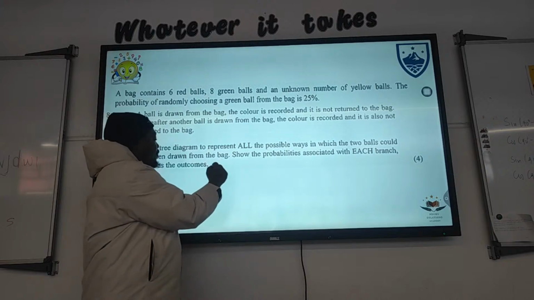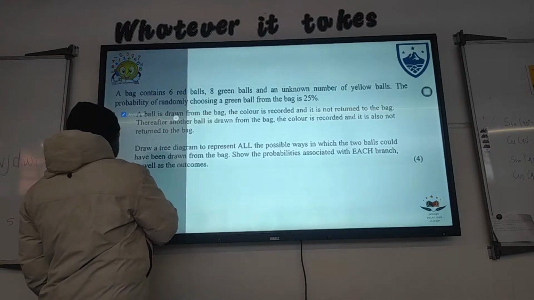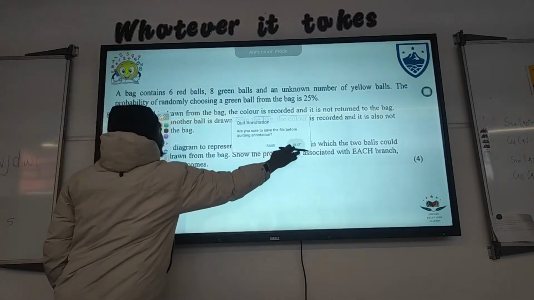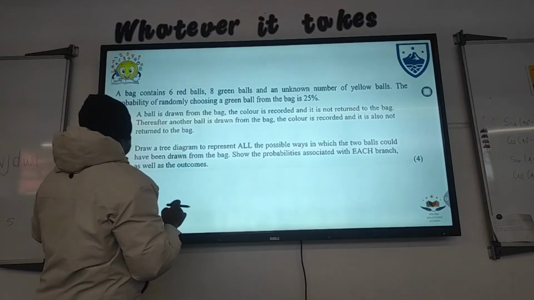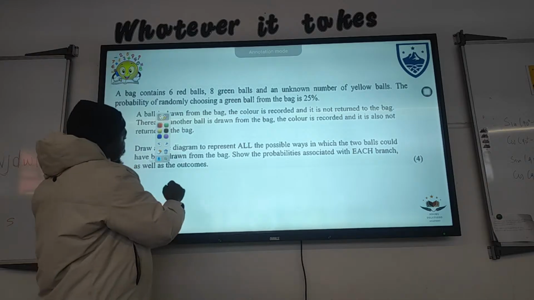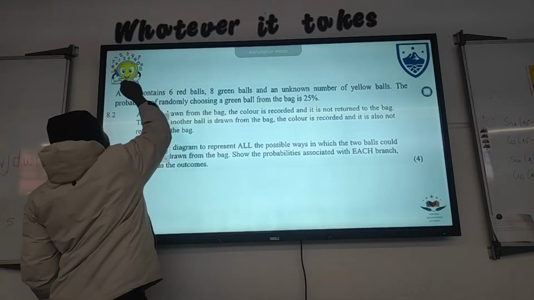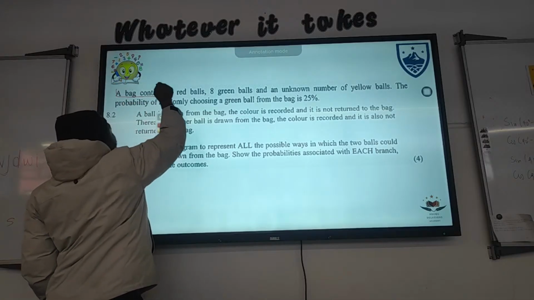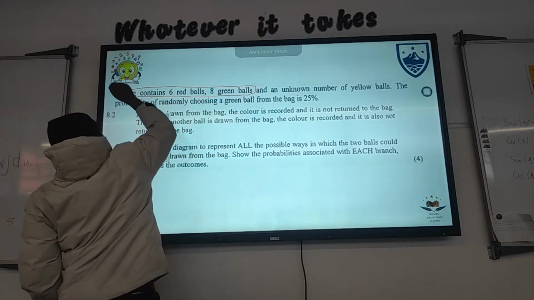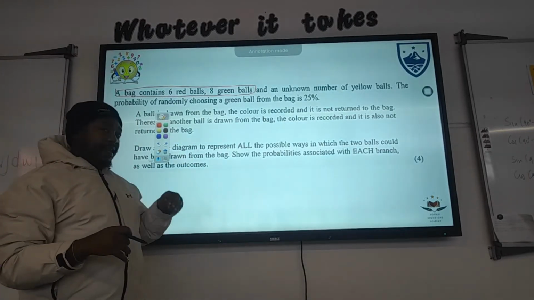I have a red ball. Let's make it a scenario. Let me just take this only. I want to make a scenario where we're going to return the balls back.